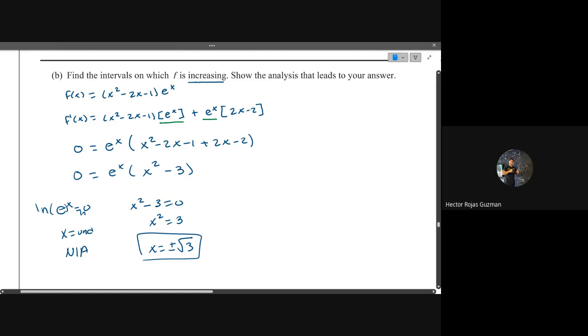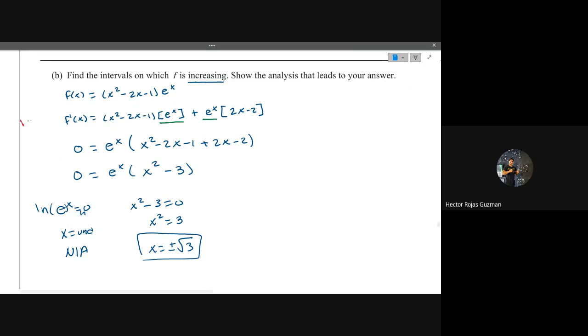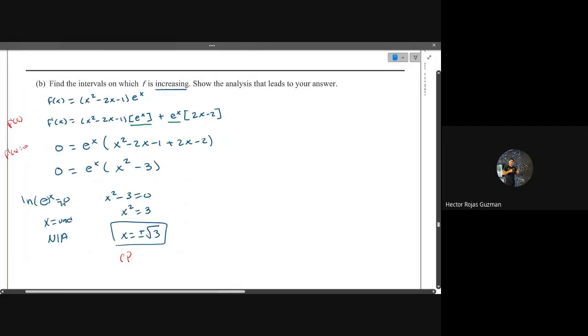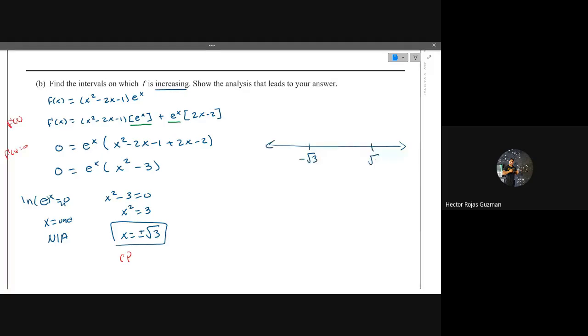So like I told you, first you want to find the derivative. Then you want to show that you're making it equal to 0. Then you find your critical points, and next you do your number line. Negative square root of 3, square root of 3, and we're going to plug in numbers into my derivative so we can figure out if it's positive or negative.